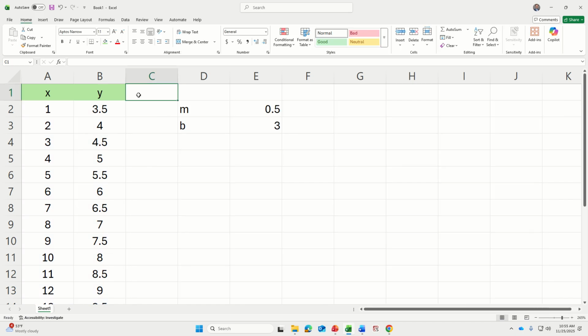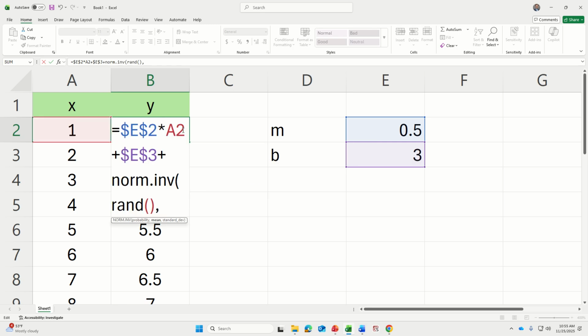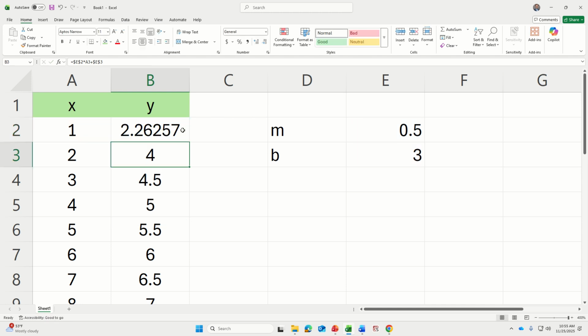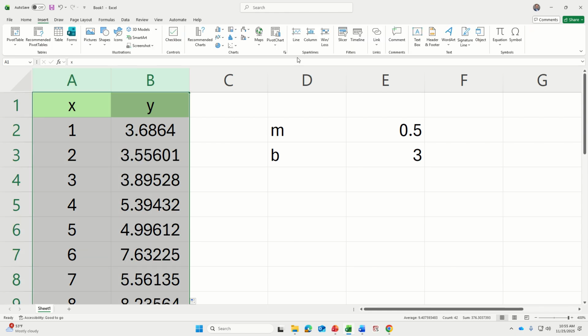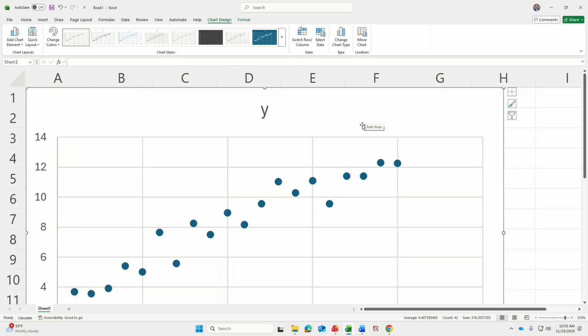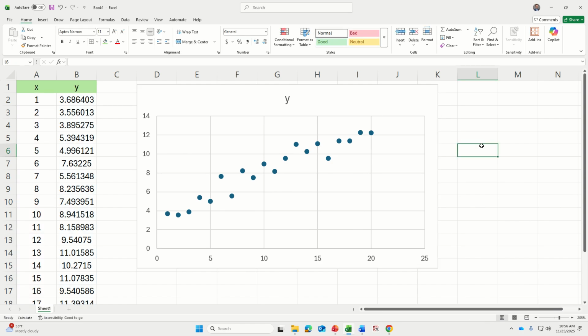We haven't introduced any error yet. So now let's go back to my y equals mx plus b formula, and this time I'm going to introduce some normally distributed random error with a mean of 0 and a standard deviation of, let's say, 1, and see what that ends up looking like. So now when I insert my scatter plot, you can tell that it's still kind of linear.